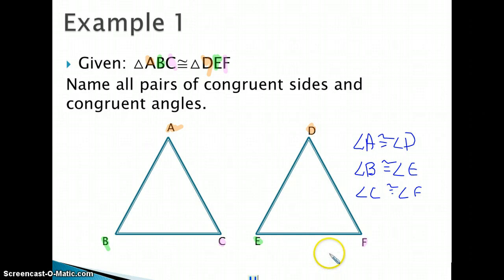The more challenging part is, what about the segments? So if we start at this orange angle and go to the green angle, we'd have AB. So I know AB is one of my sides. And on the other side, DE, because we went from A to B, D to E, orange to green.